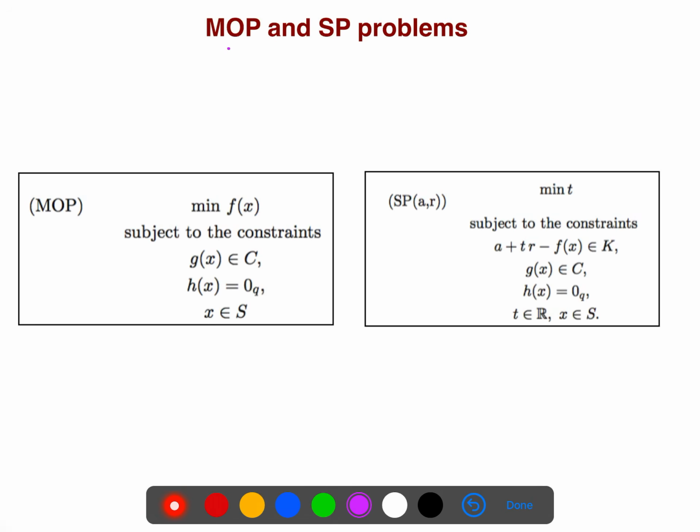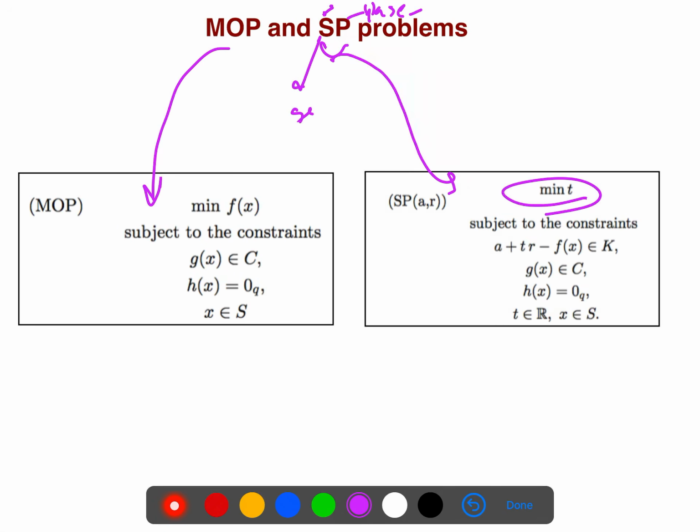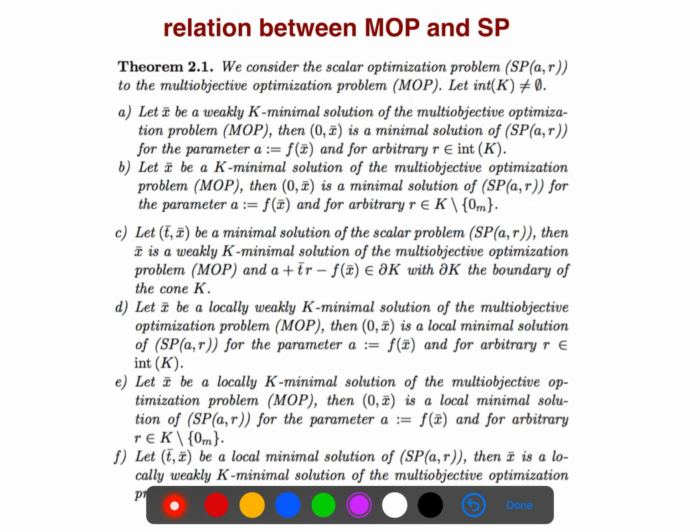So we want to solve this multi-objective optimization problem, and we want to approximate it with Pascoletti Serafini. So we need to minimize this, and A plus tR minus f(x), this one should be inside our cone.